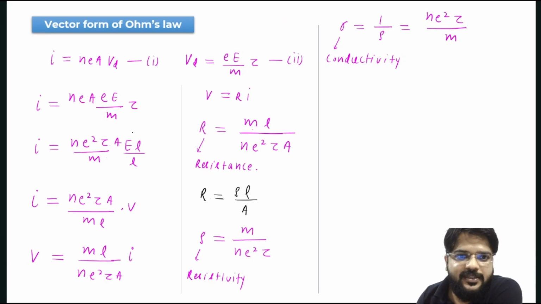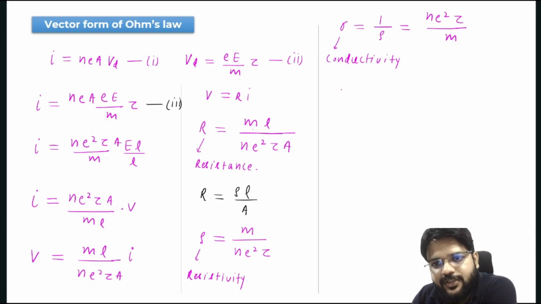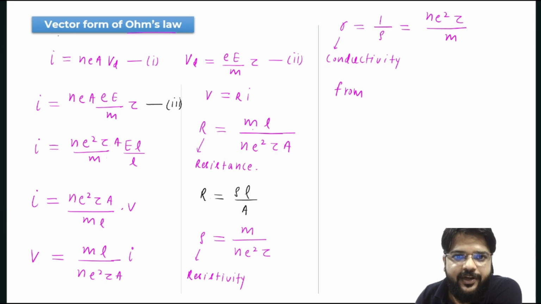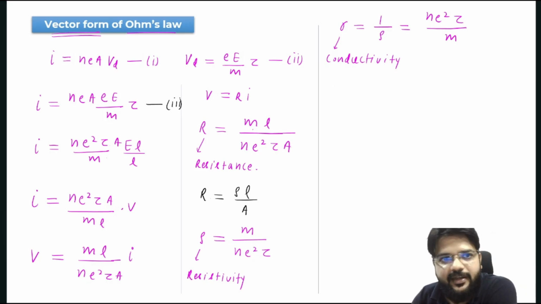Okay. See this equation number third. Let's suppose this is equation number third. So from equation number third, what we are getting? Actually, what we want is Ohm's law in the vector form, correct? So now let's see this equation number third.